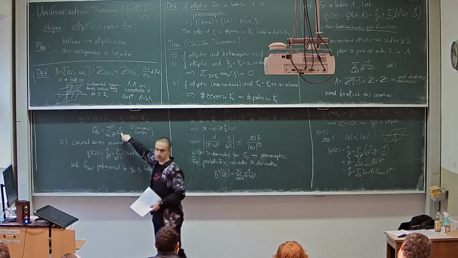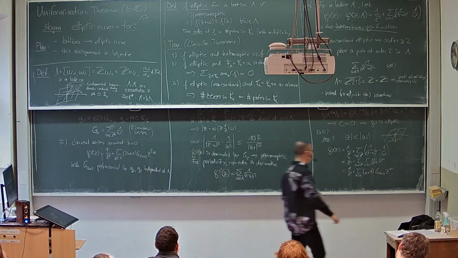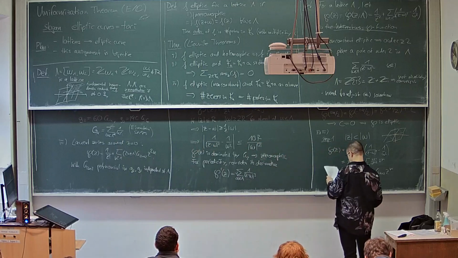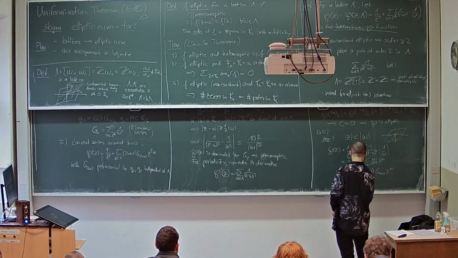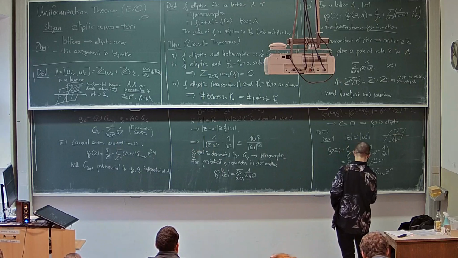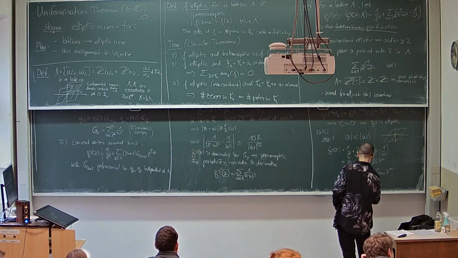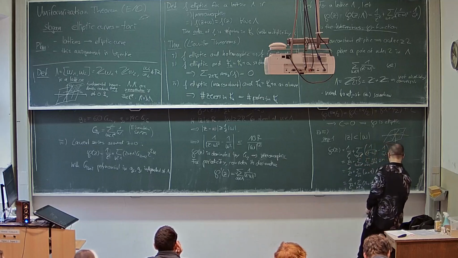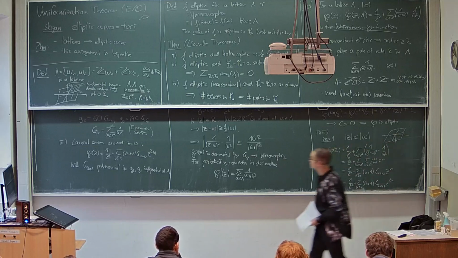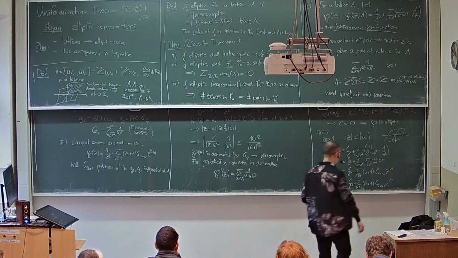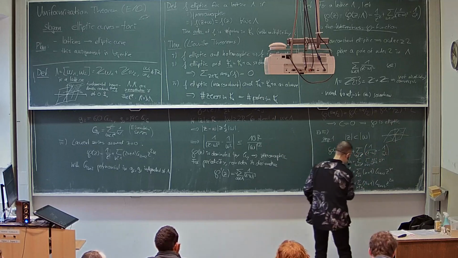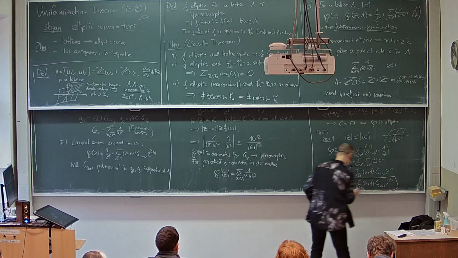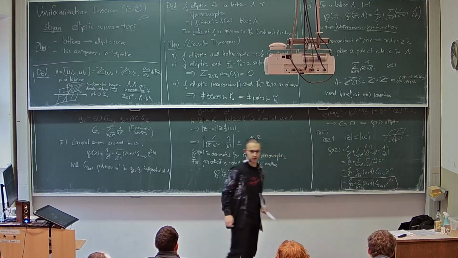This is just the Eisenstein series for n plus 2. And since we know that our function is even, we actually can get rid of all the odd summands and arrive precisely at the formula we are looking for.